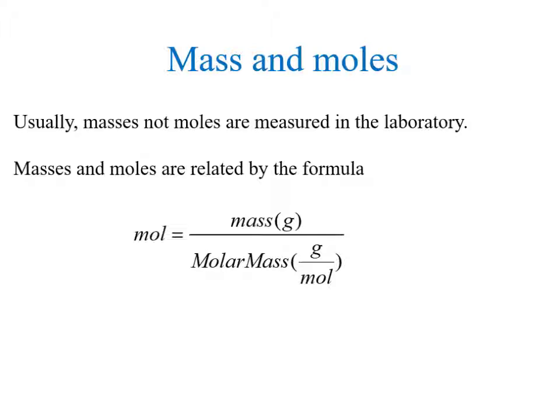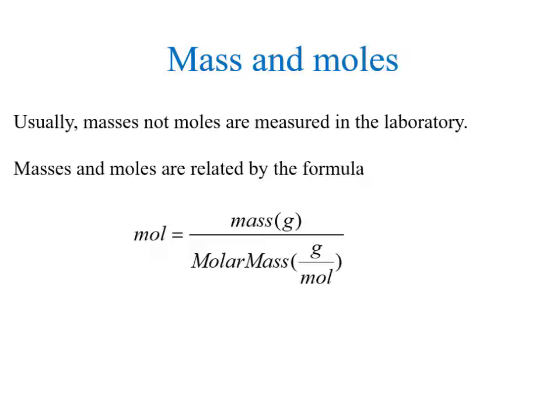In general, when we are dealing with reactions in the lab, we don't deal with moles, but we deal with masses. Now, we can calculate moles from masses by using the formula: mole equals the mass divided by the molar mass.